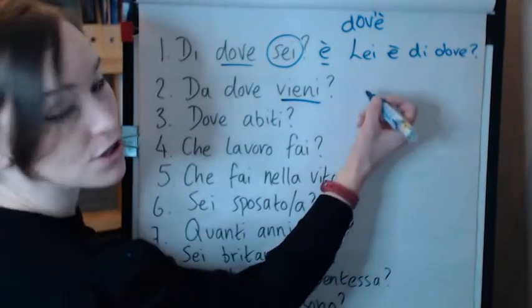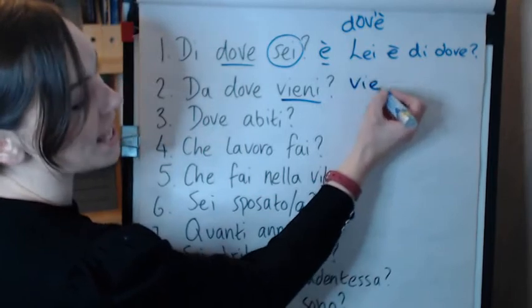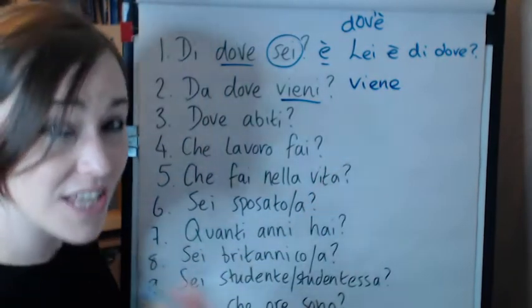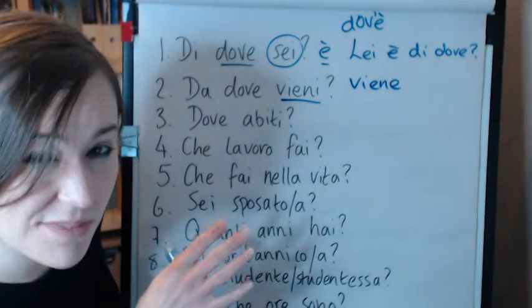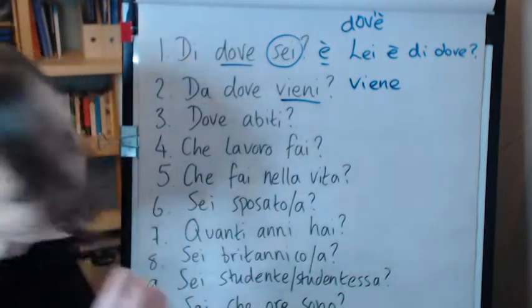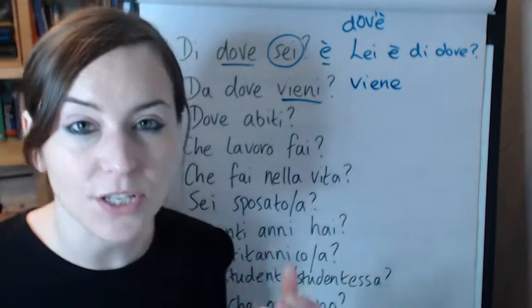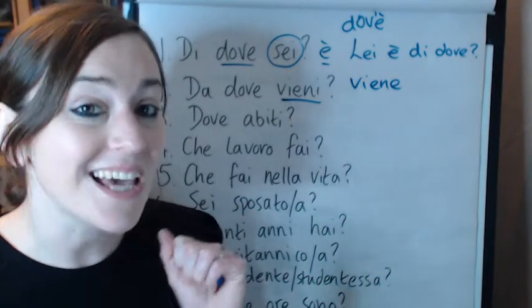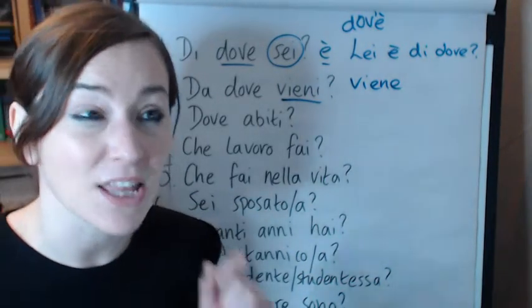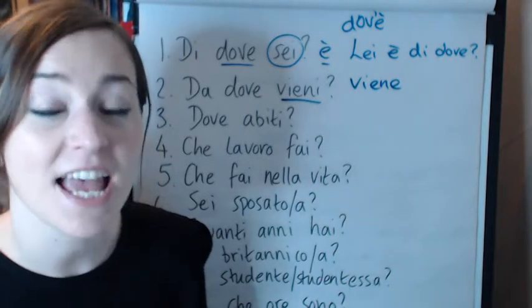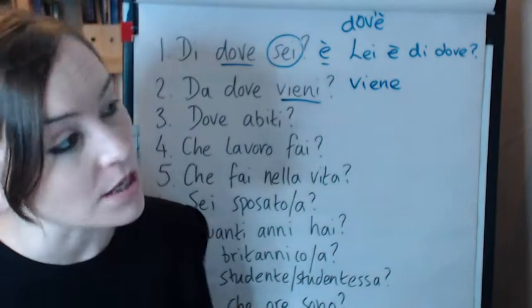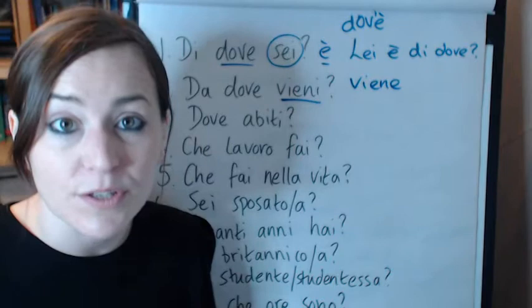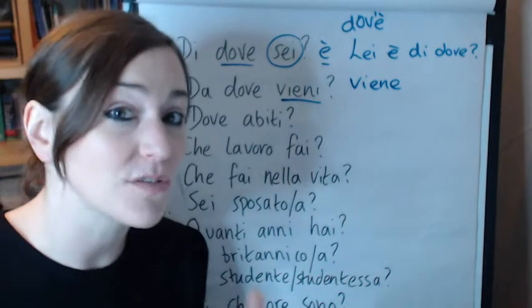That changes to the third person. Viene. Quite irregular, that. So in Italian, in the present tense, let me clarify. In the present tense, ERE verbs in the third person singular end with an E. ARE verbs will end with an A in the he or she form.